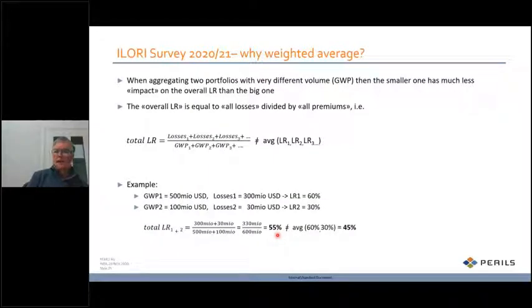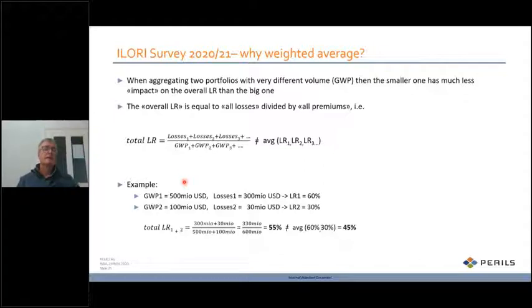The question is, why don't we use a simple average instead of calculating weights for every underwriting year for every company? Well, the answer is actually quite simple.